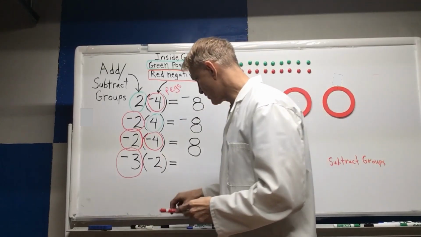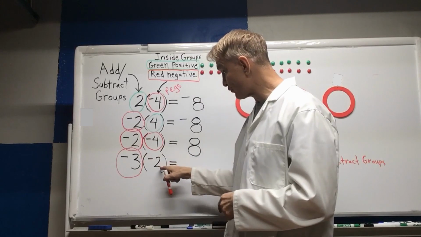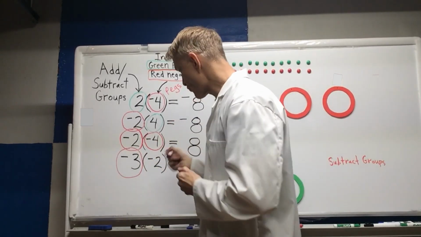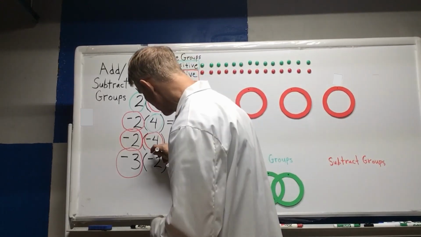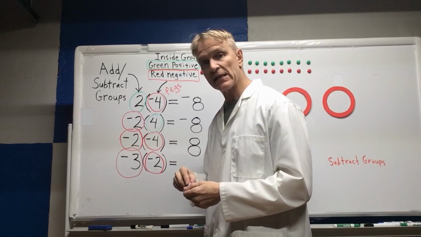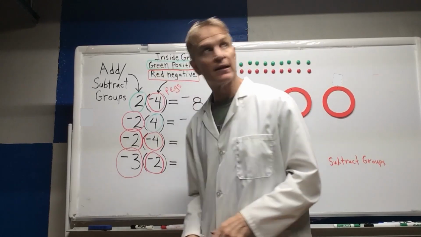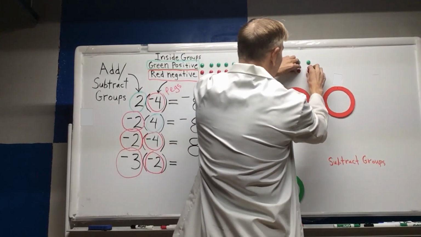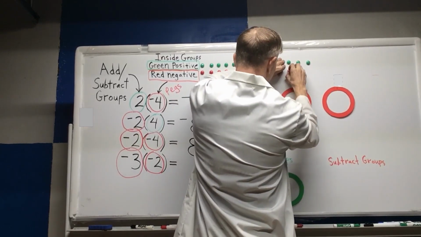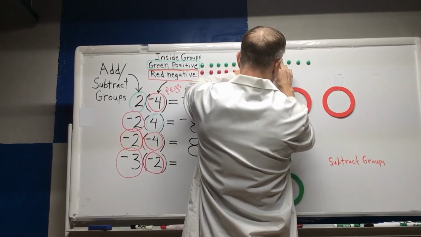Oh, there's going to be 2 pegs within each group ring. And what color are the pegs going to be? They're going to be red because I have a -2 here. So that means I have 2 red pegs within each of those group rings. I take them from my total here, put 2 in here, put 2 in here, and put 2 in here.